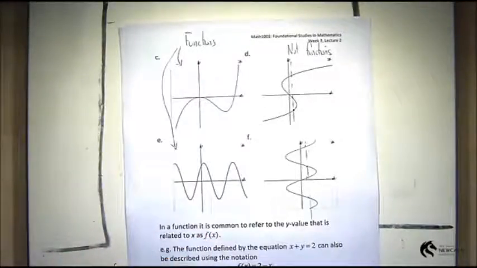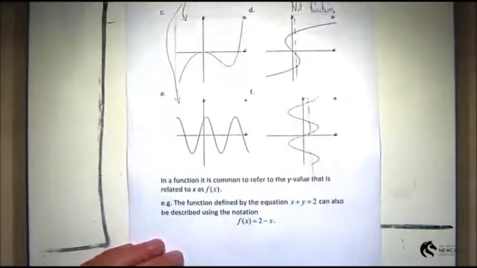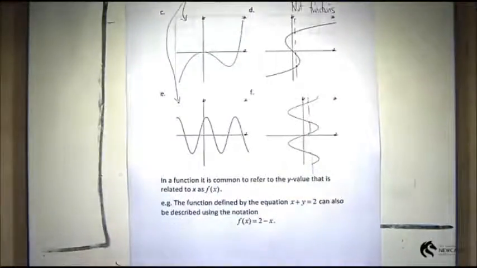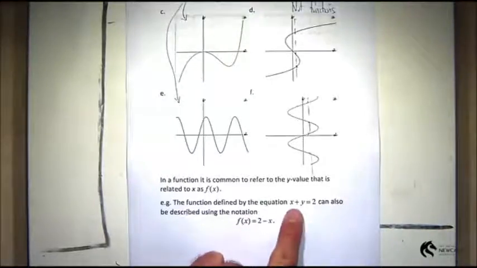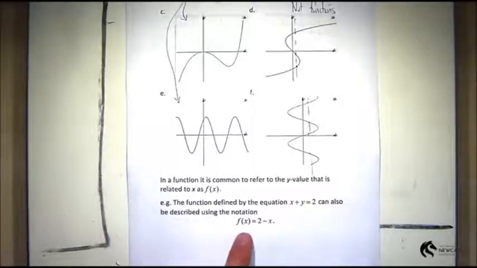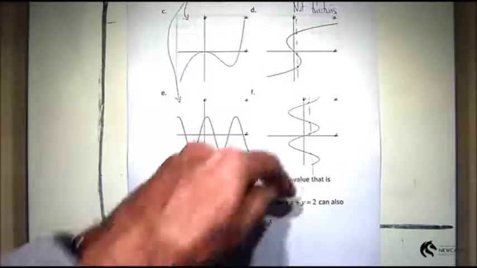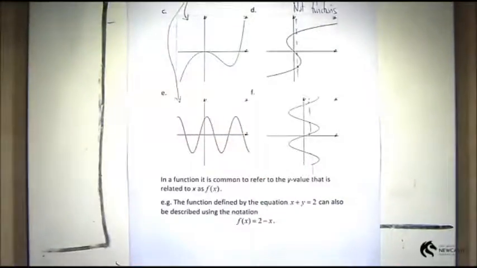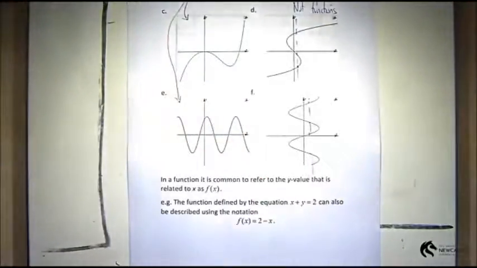So for example, if I had this particular relation, A, we decided it was a relation, then we decided it was a function, so I could rewrite that, I could define that function by writing this. f of x is 2 minus x. That function and that function are the same thing, just two different ways of writing the same thing.